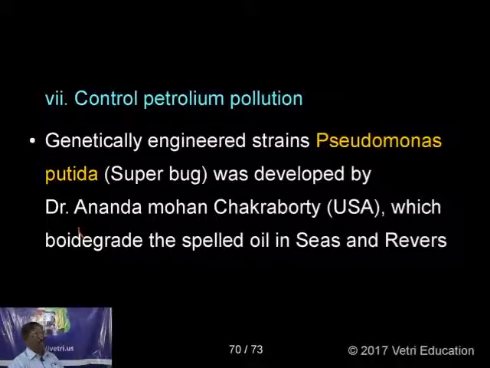He conducted many experiments on pollution and prepared a new type of strain, Pseudomonas putida, a genetically engineered strain known as the super bug, which biodegrades the spilled oil in seas and rivers. America has also given permission to use this technique to degrade the oil in the seas and rivers.